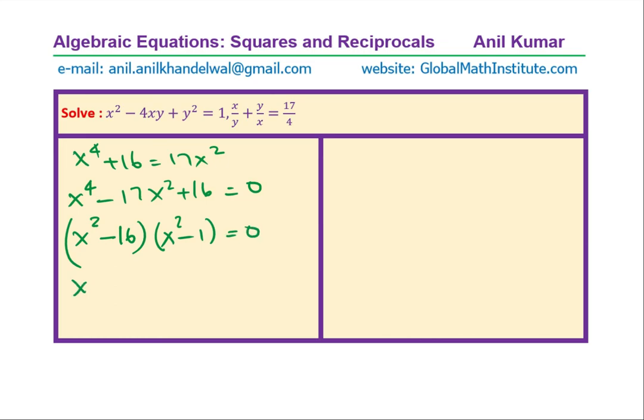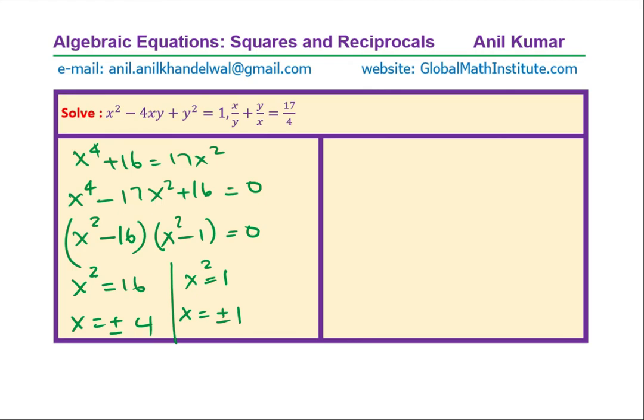That gives us x squared equals 16, or x equals plus minus 4. Or if I substitute x squared minus 1 equals 0, it gives me x equals 1 and minus 1. So plus minus 1 are the other two values for x.